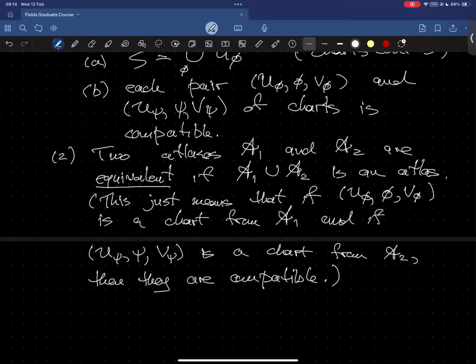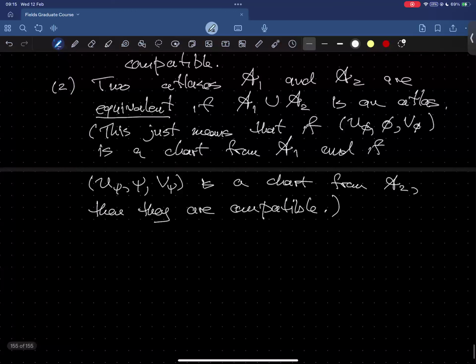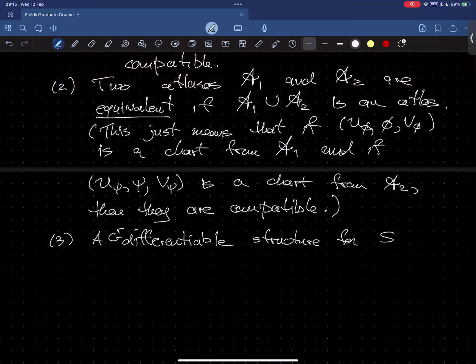That just amounts to your charts and my charts being compatible. So that's equivalence of atlases. A differentiable structure for S, and let me say a C^R differentiable structure, is an equivalence class of atlases with the preceding notion of equivalence.